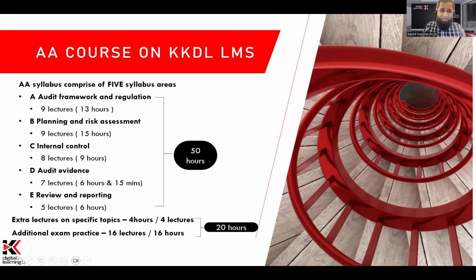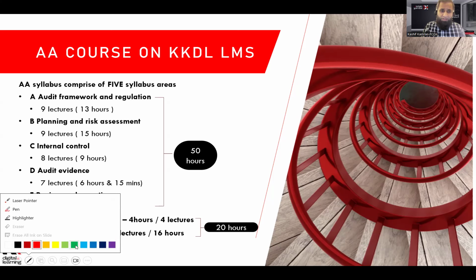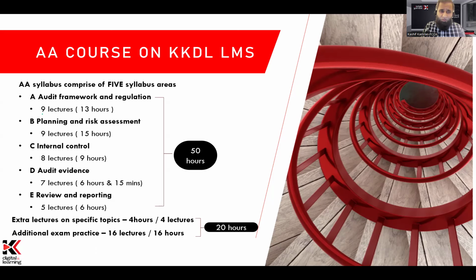Syllabus area A, which is the first one, consists of 9 lectures worth 13 hours on the LMS. Syllabus area B consists of 9 lectures of 15 hours. Syllabus area C consists of 8 lectures of 9 hours. Syllabus area D consists of 7 lectures of approximately 6 hours, and syllabus area E consists of 5 lectures of 6 hours. They accumulate to 50 hours of lectures.